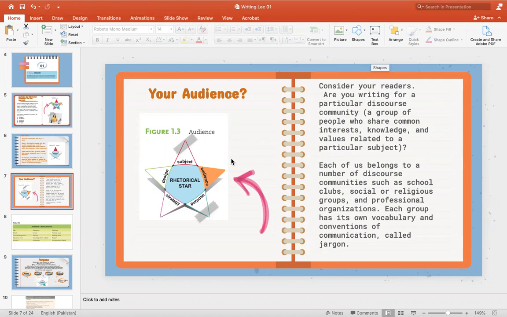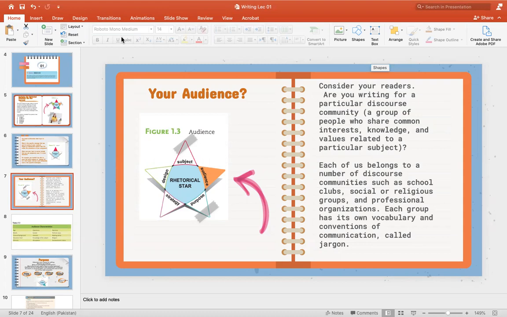So you have to consider your readers as well, the people who are reading your text whenever you're writing, whether he or she may be your teacher for an assignment or for exams, or maybe anything else. For example, you're writing a book, or short stories, poetry, or anything.